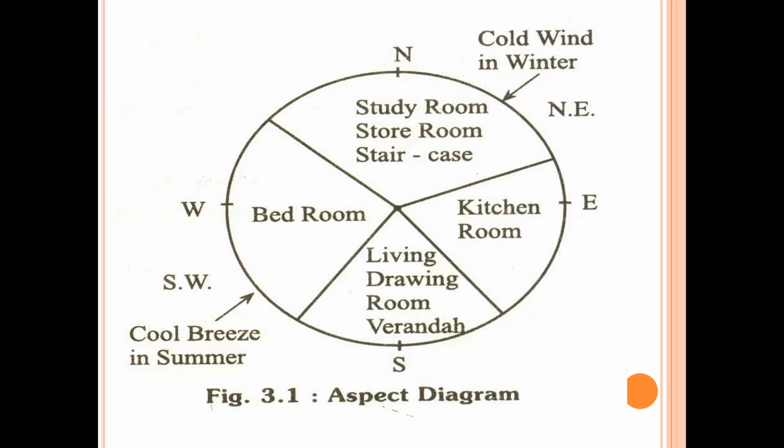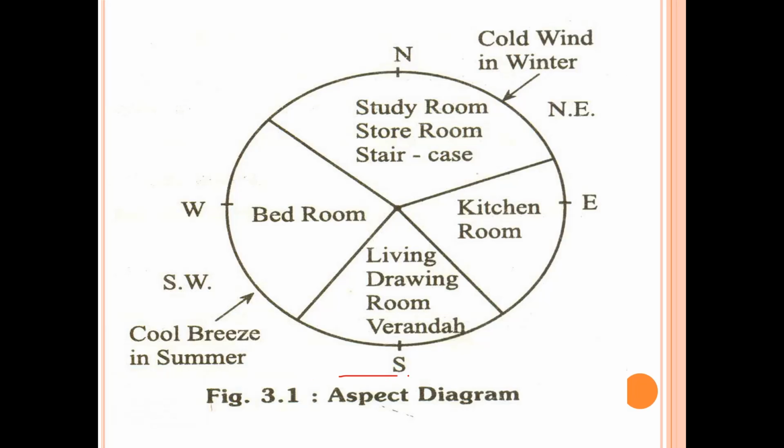In the southern hemisphere there are different seasons. So this particular aspect diagram is not applicable for that region, because in our country, if you observe, the sun is on the southern side.